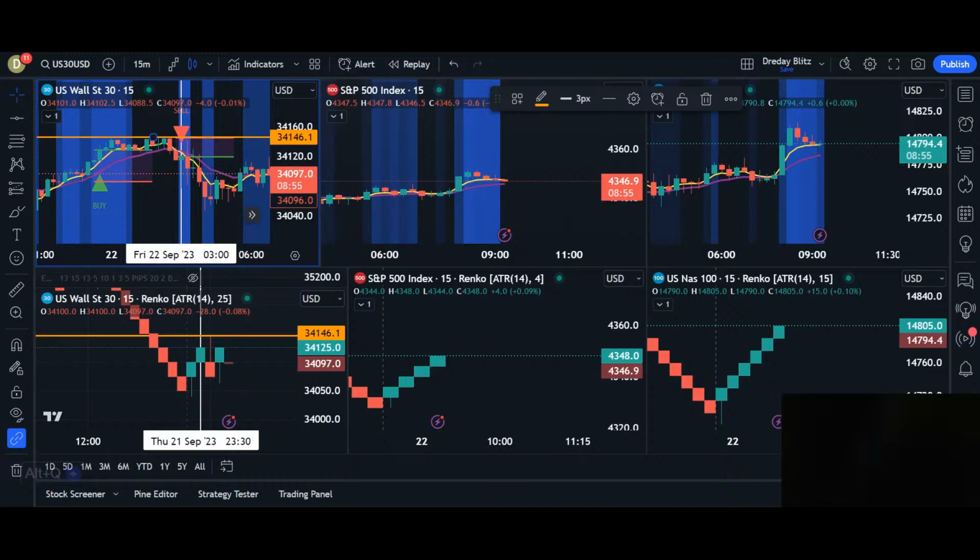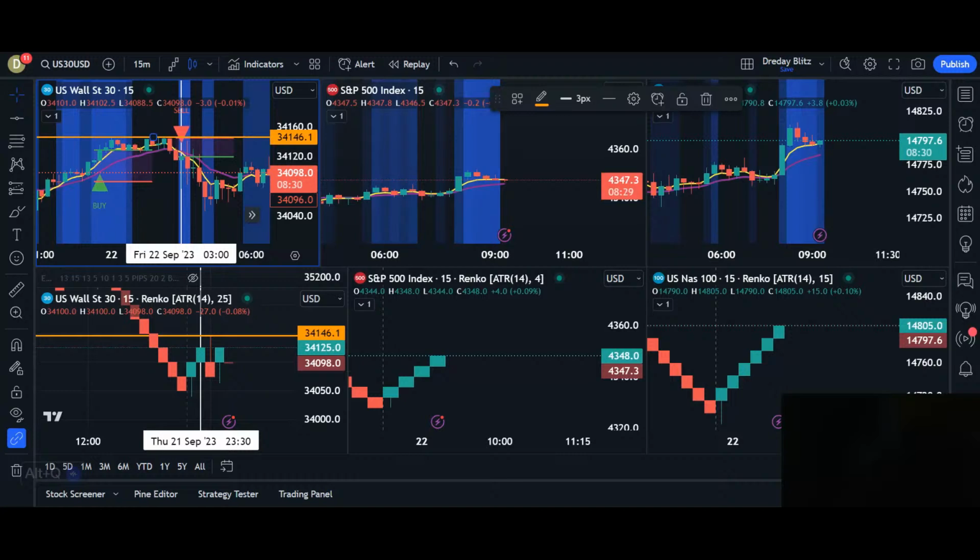So right now my screen should be shared. If you don't see my screen, make sure to get out and get back in. The screen should be showing the TradingView chart. Perfect.